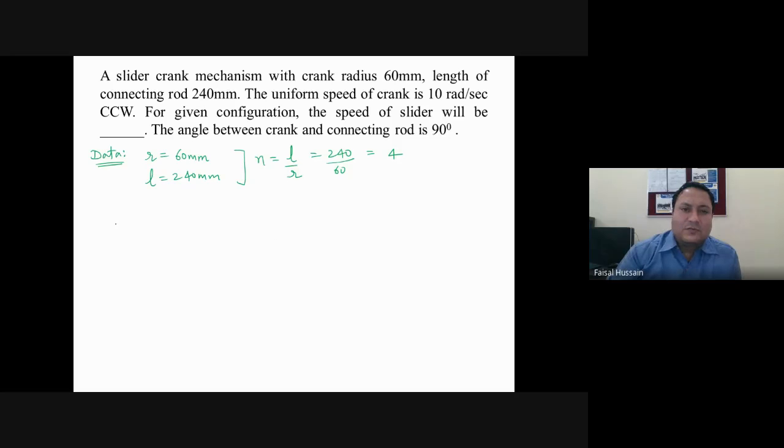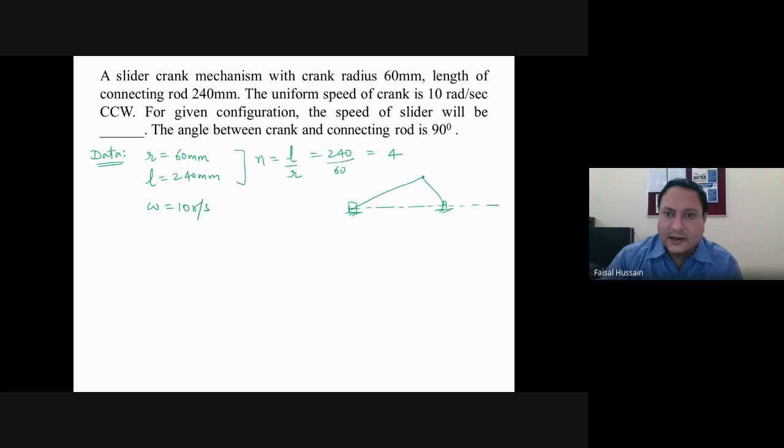Now the uniform speed omega is given to you, 10 radian per second counterclockwise. For the given configuration, we have to find the speed of the slider, and the angle between crank and connecting rod is 90 degree. It is like this. For example, this is the crank, this is the axis of the slider, and this is the connecting rod.